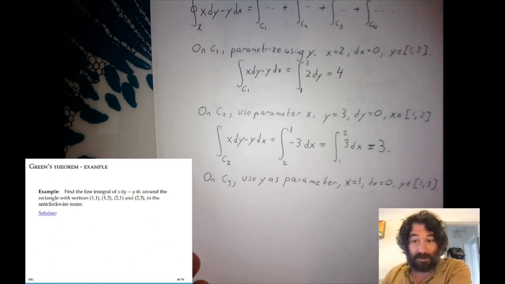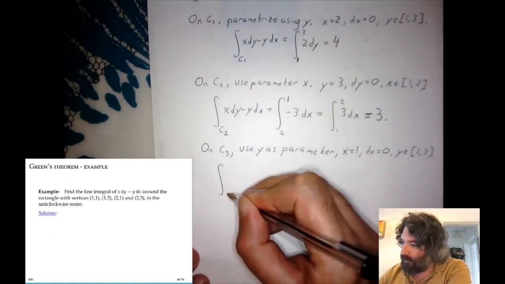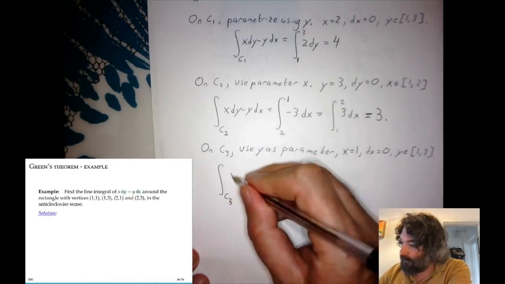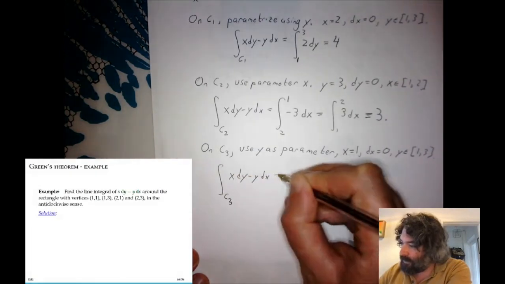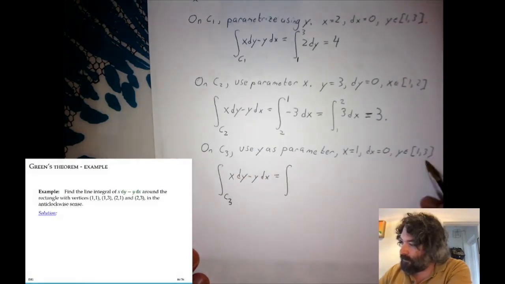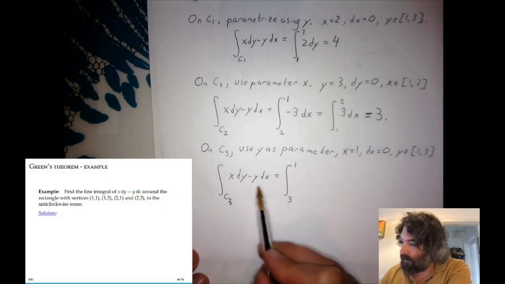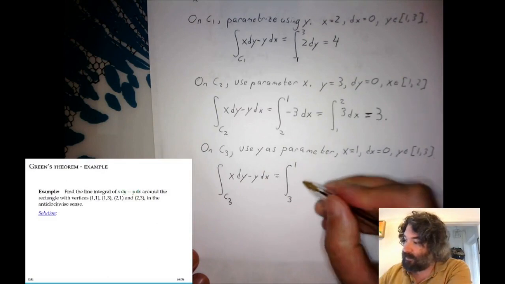This is, again, a case where the orientation of the curve is important. So the integral over C3 of x dy minus y dx is the integral, y goes from 3 to 1. Dx is 0, and x is 1, so it's just dy.